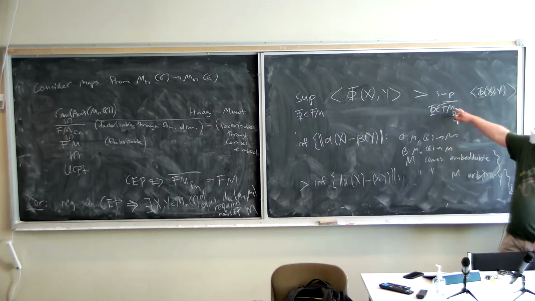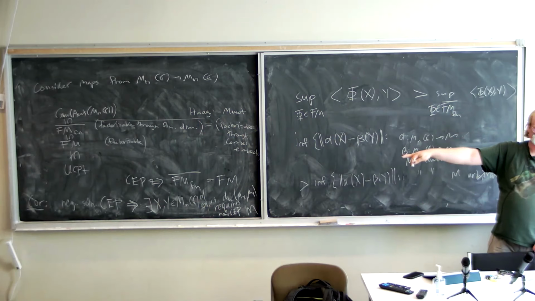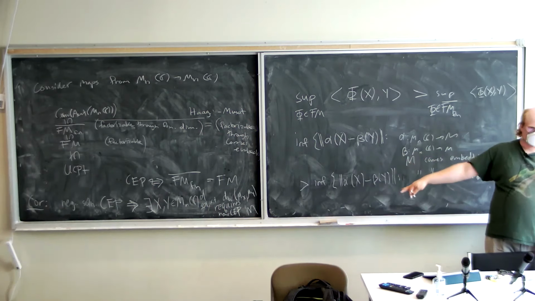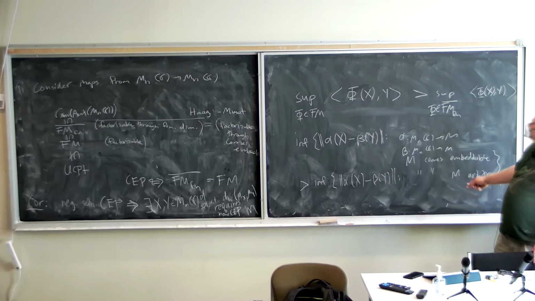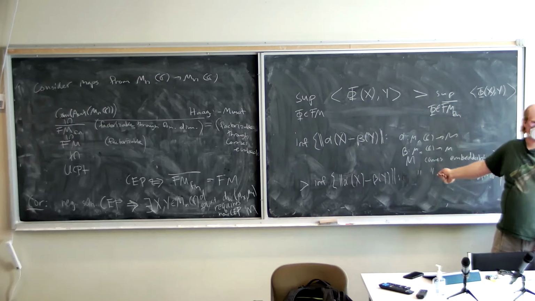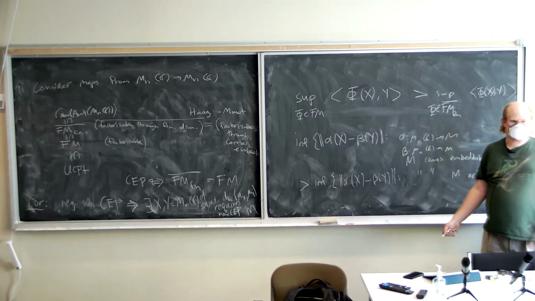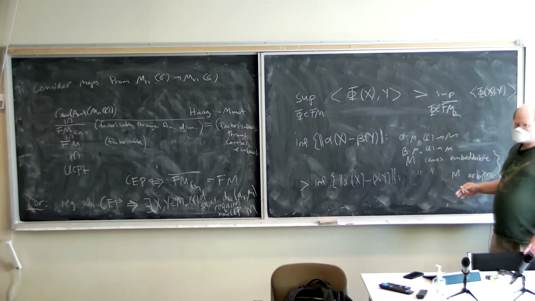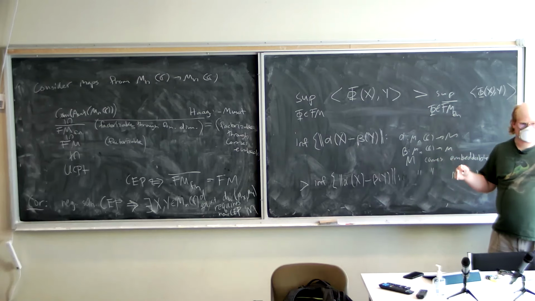Yeah. I'm trying to expand it in more detail because I ran out of space there. I tried to write it very succinctly, but this is the statement that you get. And this tells you something about the Wasserstein distance as well: if you only use Connes embeddable von Neumann algebras, then you get a strictly bigger estimate of the distance.